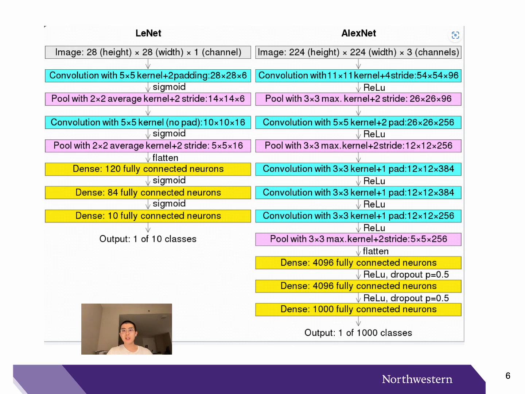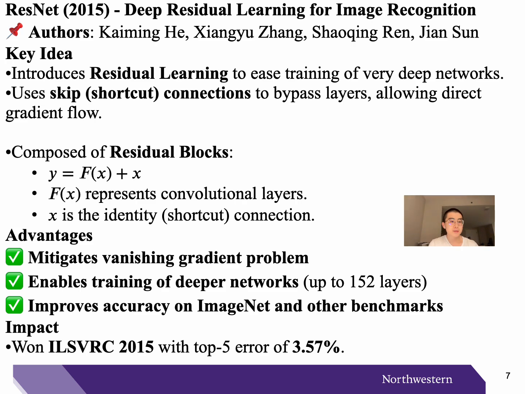Okay, let's move on. Here is ResNet. Before this algorithm appeared, it was difficult for neural networks to have many layers. This is because even if you add more layers, the extra layers of the neural network won't learn anything new.